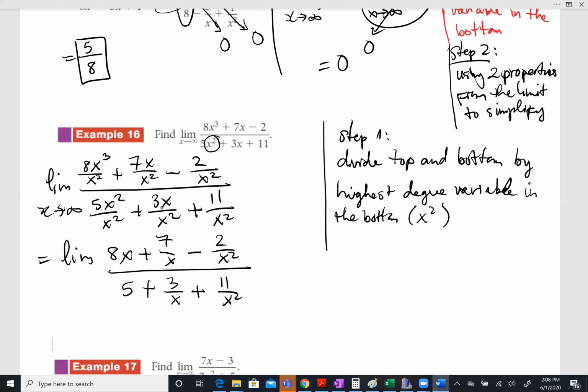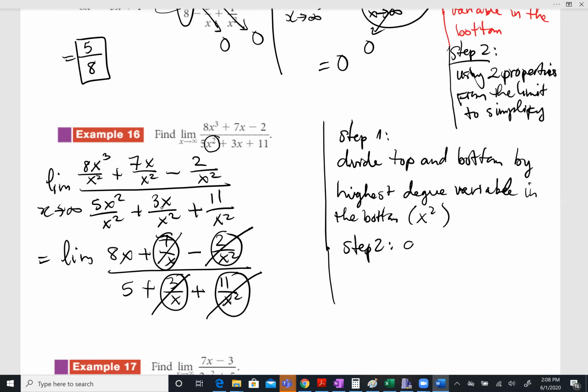And as you can see, all of these are going to be equal to 0, because that is in probability number 2. Okay, so step 2, apply the probability.